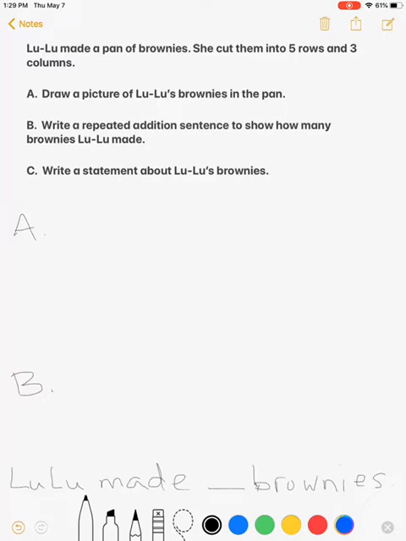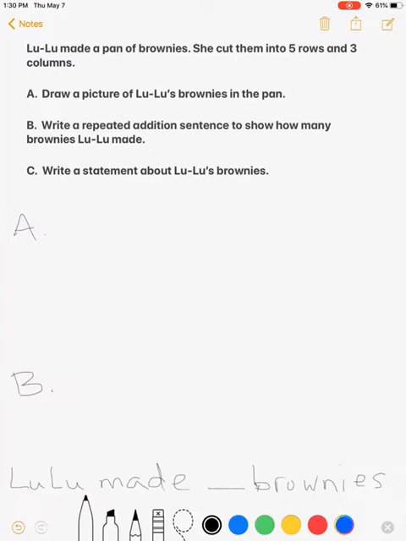I'm noticing this question is actually broken into 3 parts: Part A, Part B, and Part C. Part A wants us to draw a picture of Lulu's brownies in the pan. Instead of using my square tiles, I'm going to draw my array today. Part B wants us to write a repeated addition sentence to show how many brownies Lulu made.